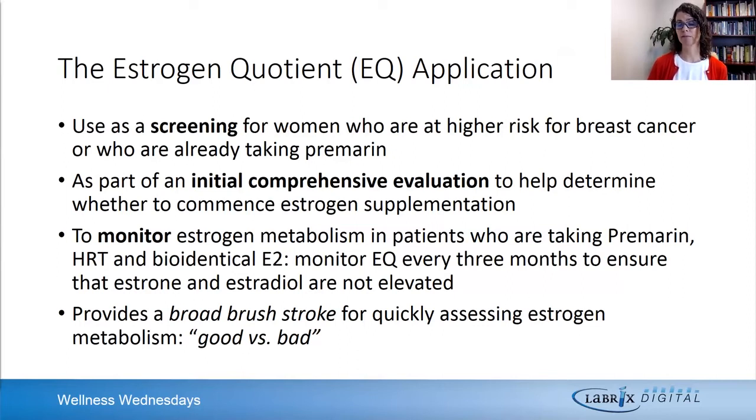It's also a great way to monitor estrogen metabolism in patients who are using Premarin, HRT, and bioidentical estradiol. We suggest monitoring the EQ every 3 months to ensure that estrone and estradiol are not elevated. It also gives you an indication if you are supplementing with estradiol, if it's converting into estrone or into estriol. So the EQ just provides a nice broad brush stroke, if you will, for quickly assessing good versus bad estrogen.